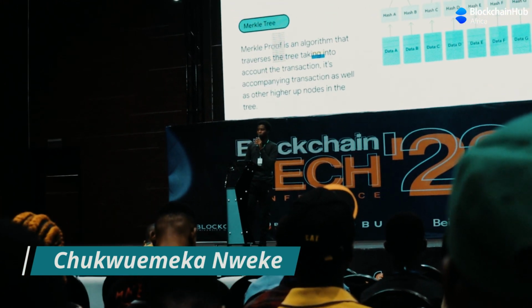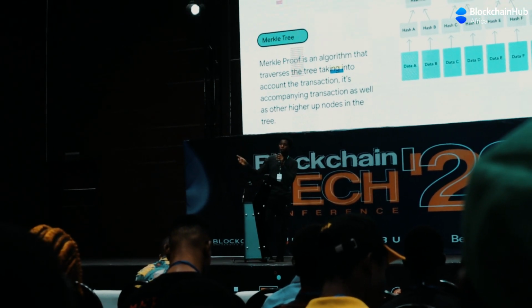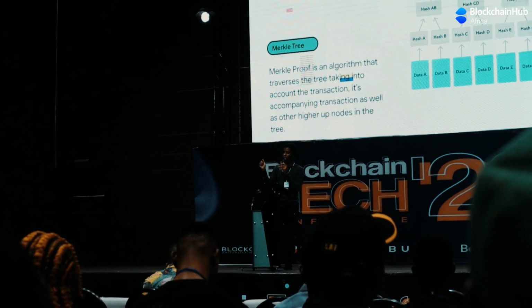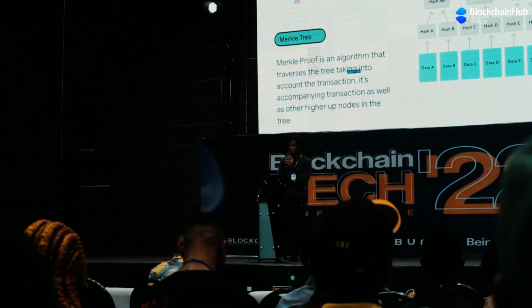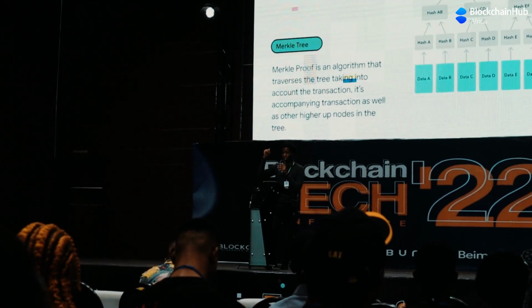So now, if you want to verify a transaction on a particular block, you don't have to check all the transactions on that block. You just need a subset of it to prove that the transaction I said is in block 127 is actually in block 127. So let's see how it works. You guys can see the stuff, right?